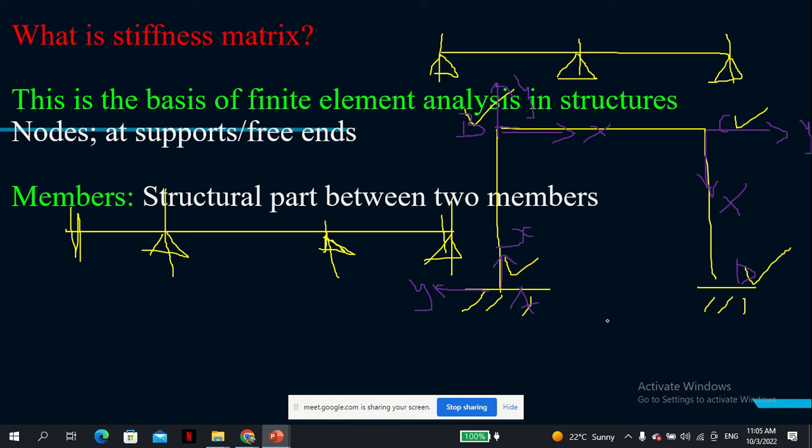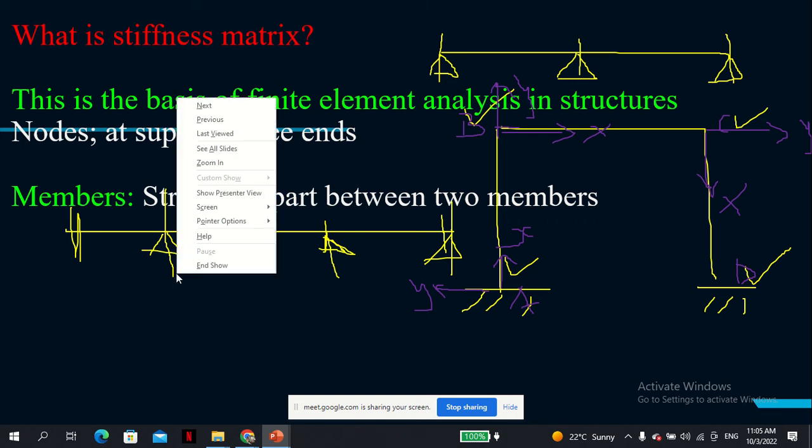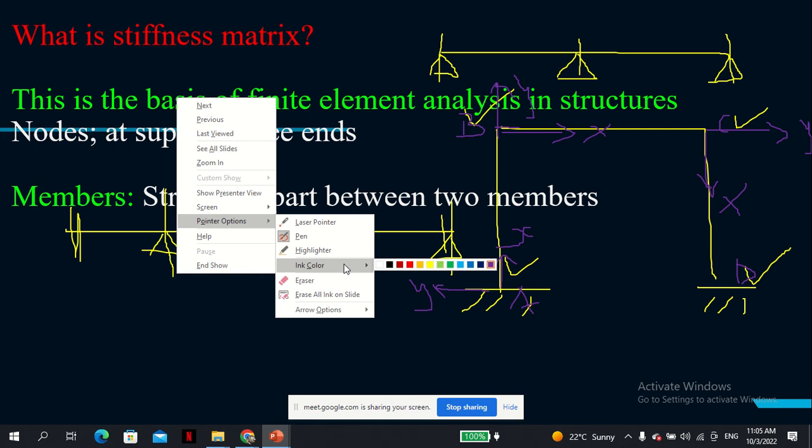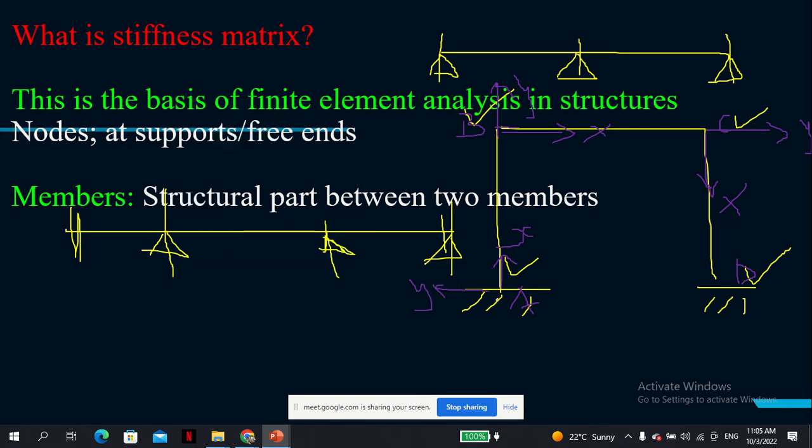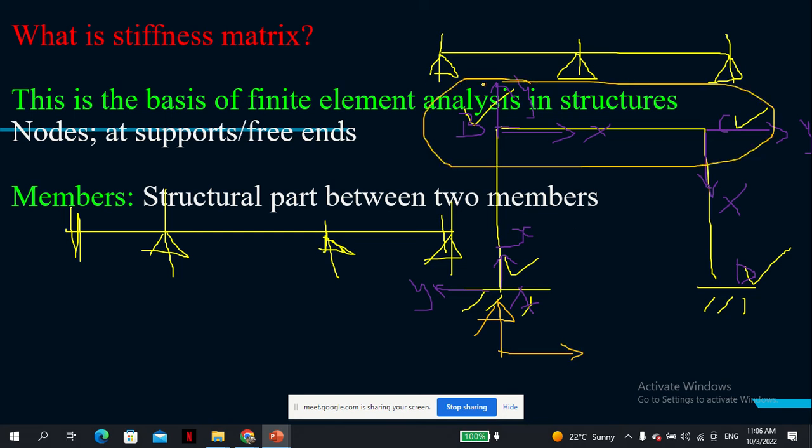To get the global stiffness matrix, you have to choose which is the global, because you can see those individual members have their own axis system. So you have to choose what is called the global direction, in which you resolve. Let's say our global direction is this. So the only one that conforms to that direction is this.